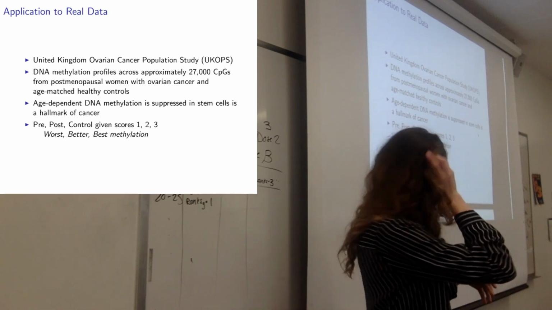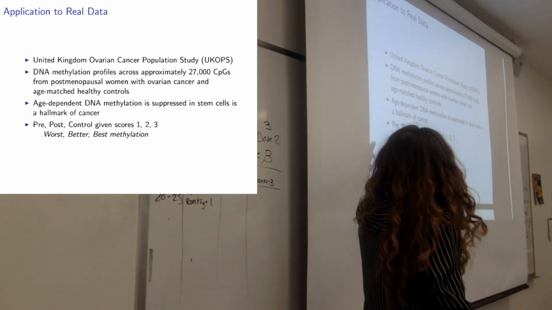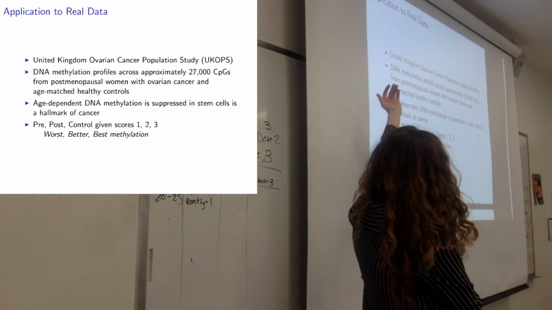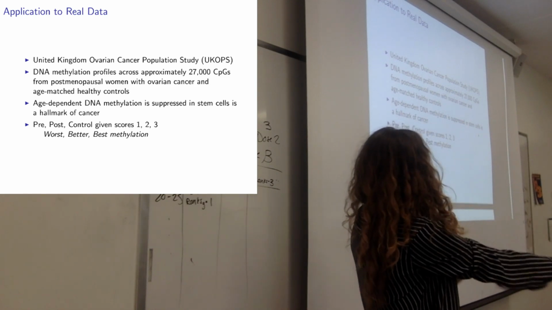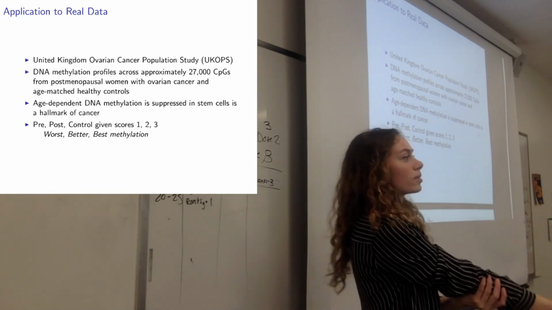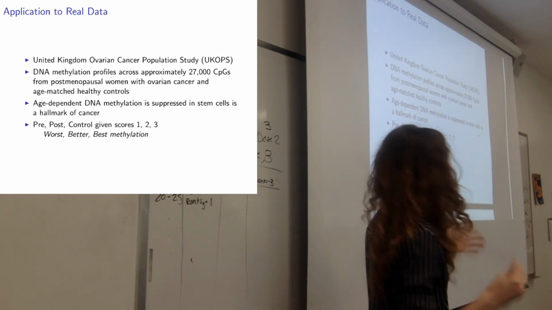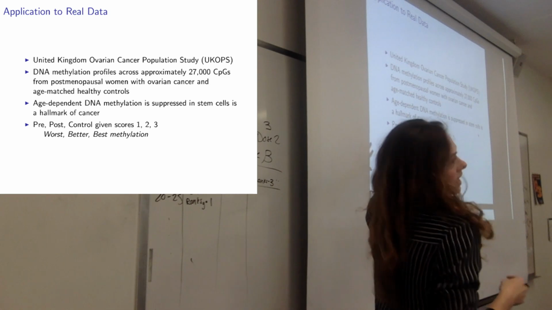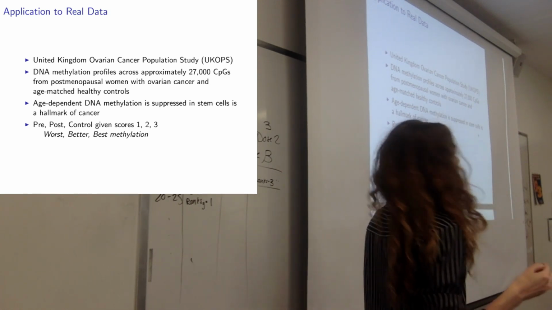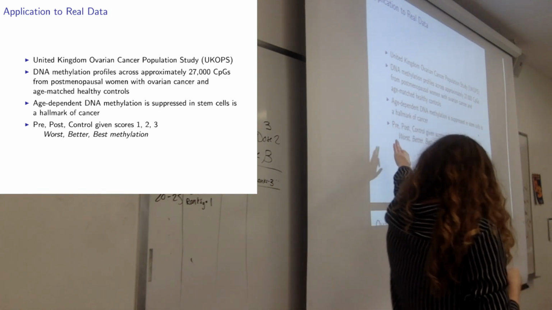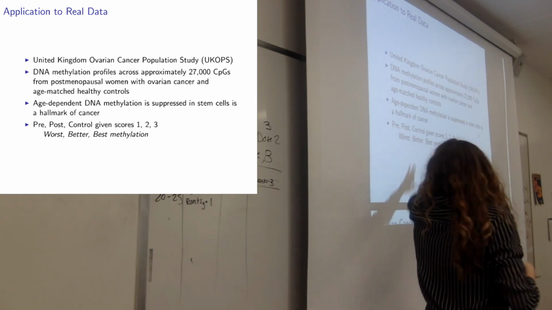That's what they're looking at. And for age-dependent DNA methylation, they know that it's suppressed in stem cells, and that's a hallmark of cancer. So like we talked about, if you have poor methylation regulation, that can lead to cancer. And they knew this ahead of time, so they wanted to account for age. And so pre-post control.